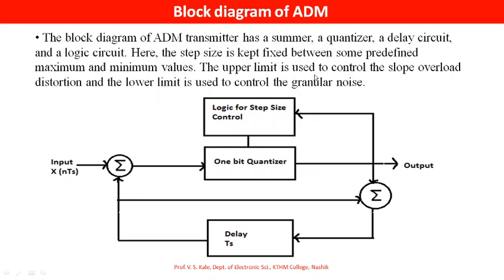The upper limit is used to control the slope overload distortion, and the lower limit is used to control the granular noise. So two problems of delta modulation, that is slope overload and granular noise, are removed in adaptive delta modulation.